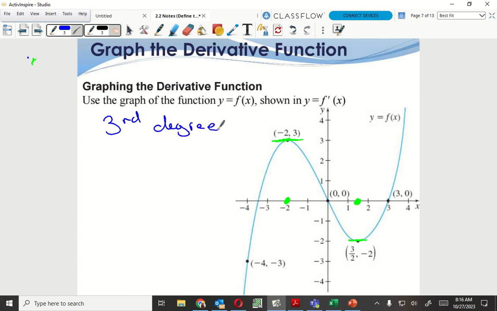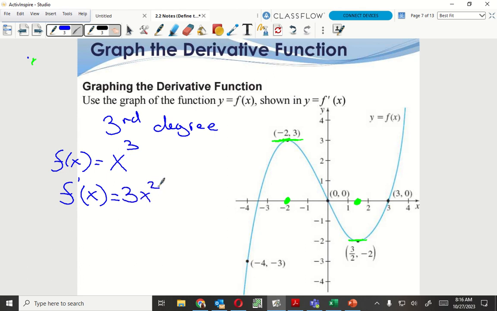So if it's a third degree, I'm going to just say x cubed. So if this is my f of x, what is going to be the degree of f prime of x? X squared, right? It would be 3x squared, wouldn't it?